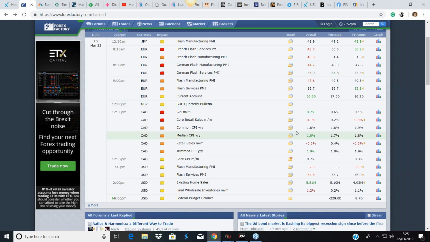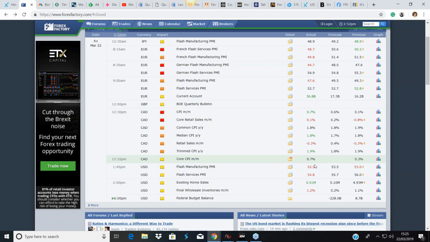Now, when we compare that with, say, the flash PMI for the United States, you can see here this is only given what they call a low impact compared with Germany, and that is because of how it sits in the economy. I know the US is a manufacturing economy, but it doesn't depend on it as much as Germany.